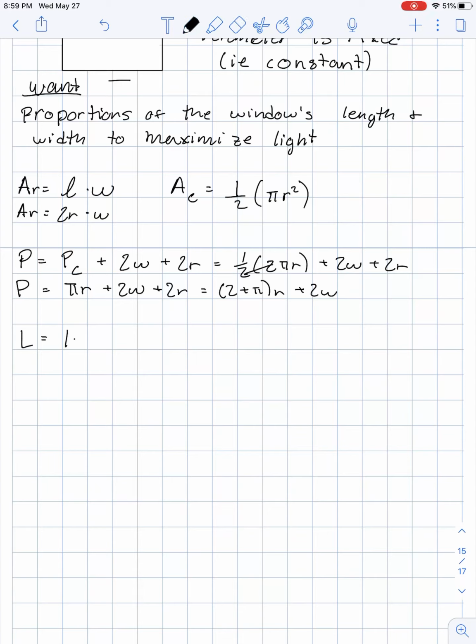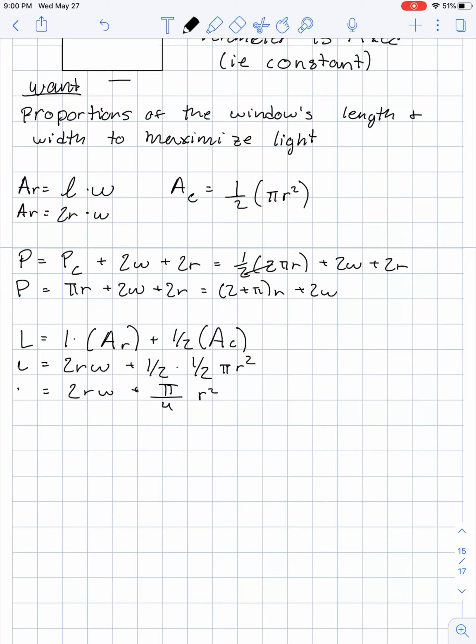Don't worry. So we're going to have 1 times the area of the rectangle plus 1/2 the area of the semicircle. So that is 2rw plus 1/2 times 1/2 pi r squared. We can simplify a little more. 2rw plus 1/4 pi r squared.